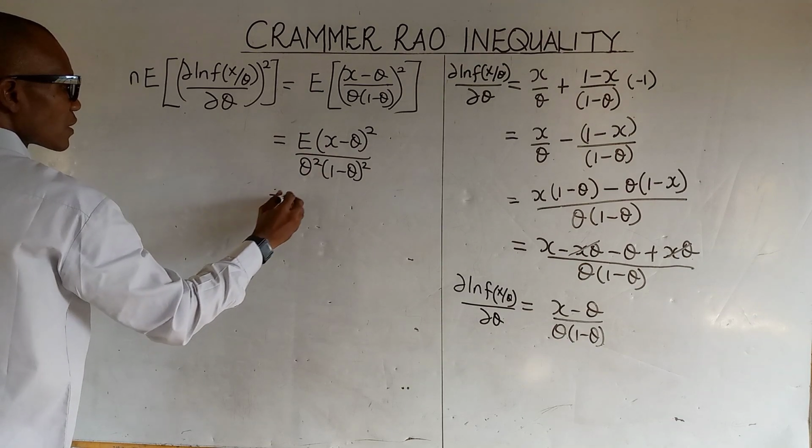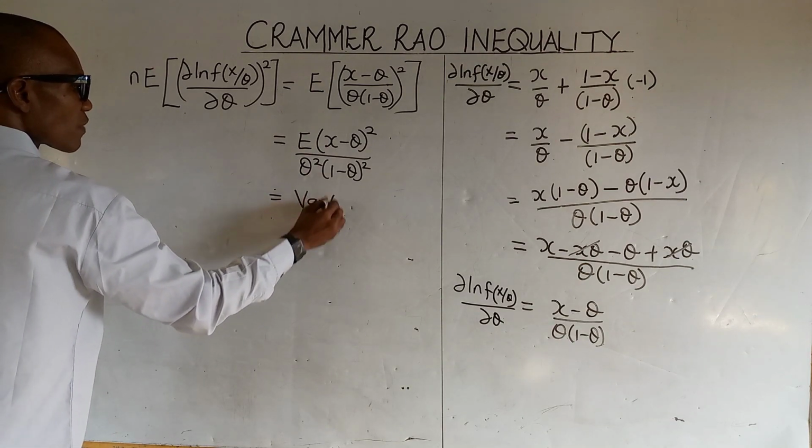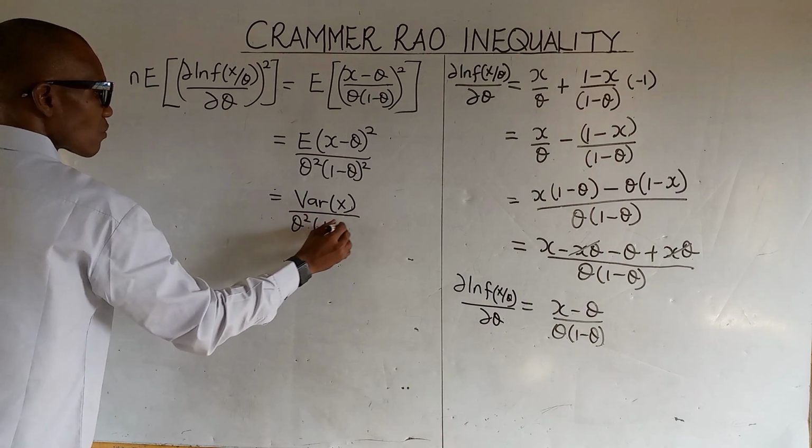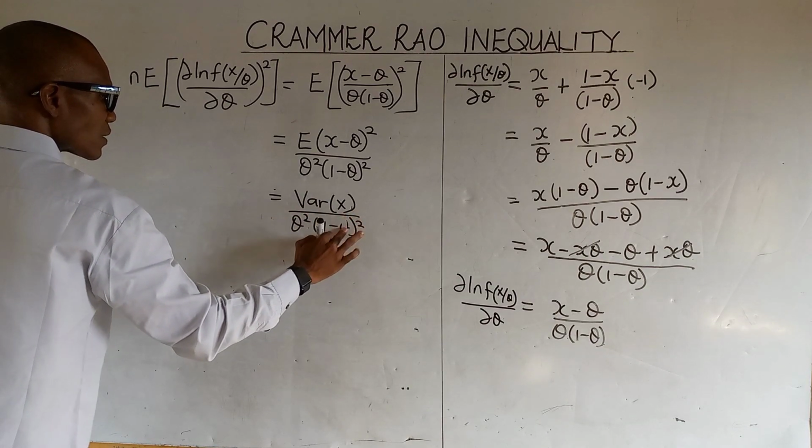And we know that this is our variance, the variance of x over theta squared (1 - theta) squared.